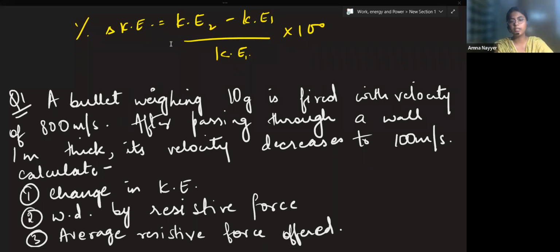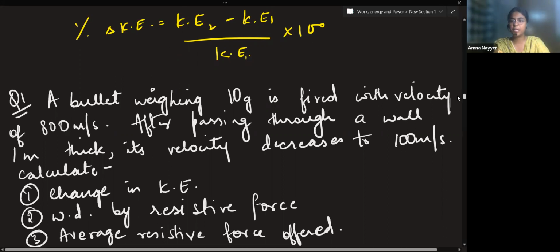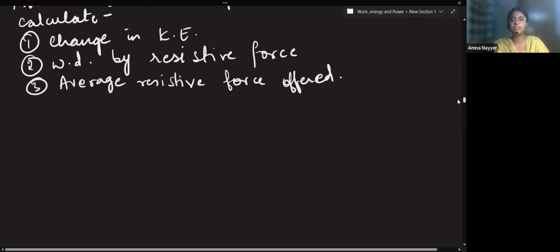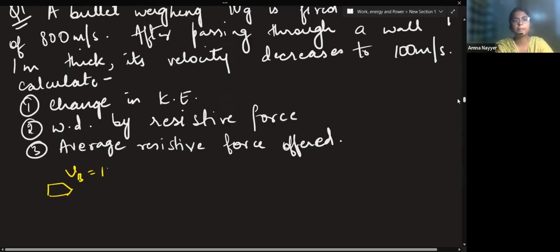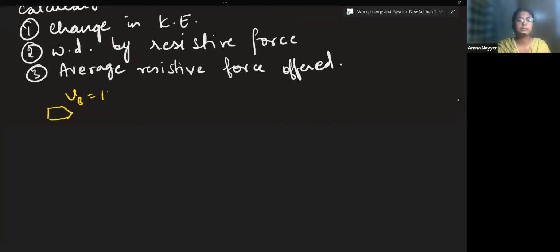See here, how will we solve it? It is simply saying a bullet weighing 10 gram has been fired with a speed of 800 meter per second.